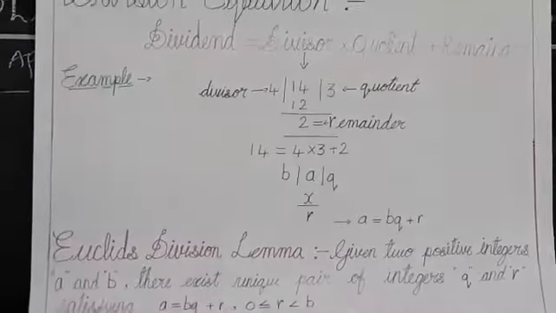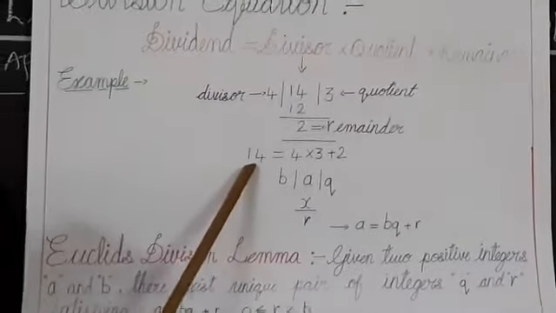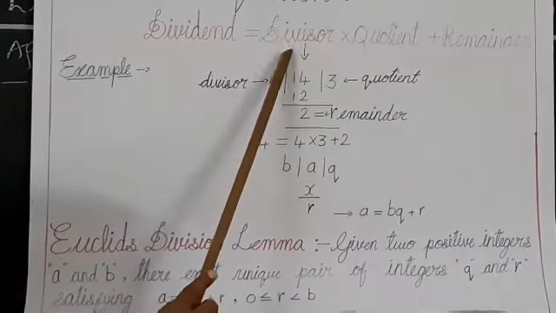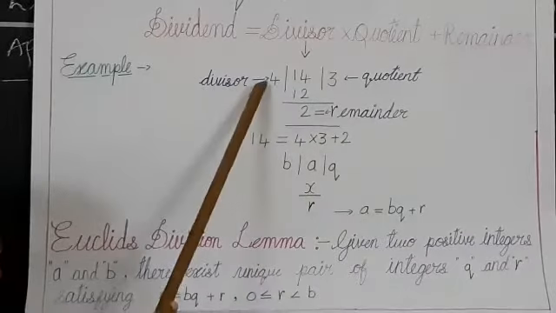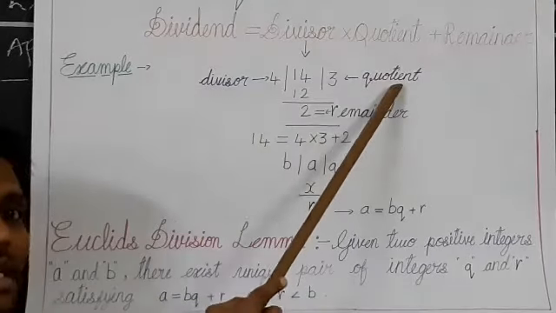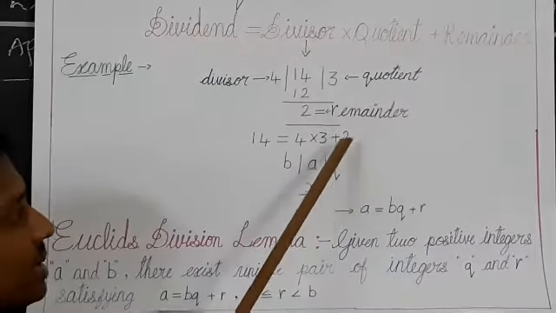in place of dividend, what can I write here? 14. Very good. What is the divisor from the division shown on the chart? 4 is the divisor. And what is the quotient here? 3, right? We wrote it here.